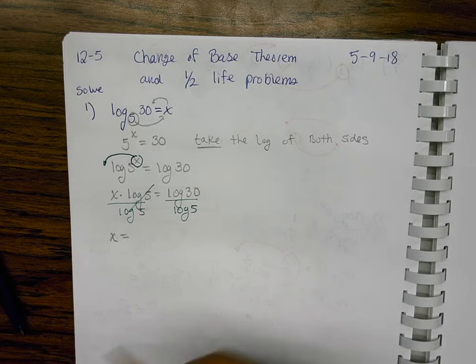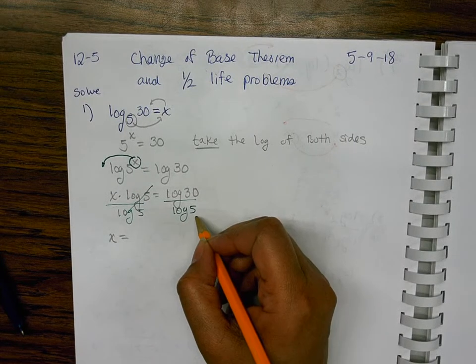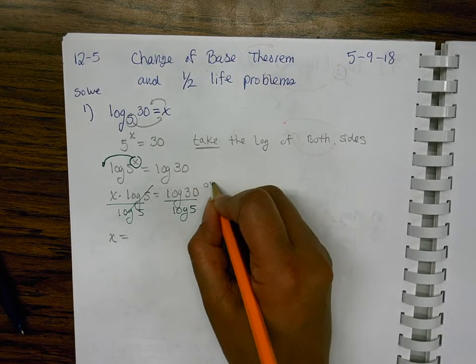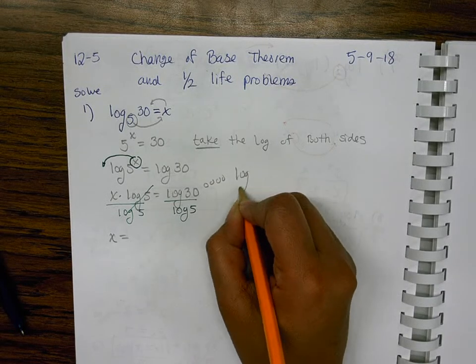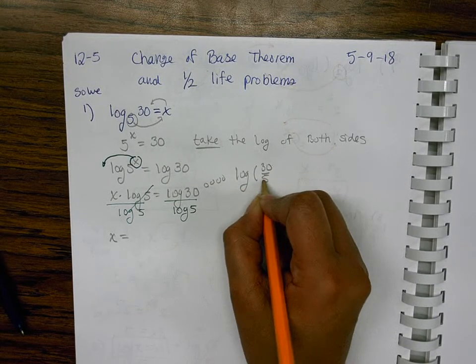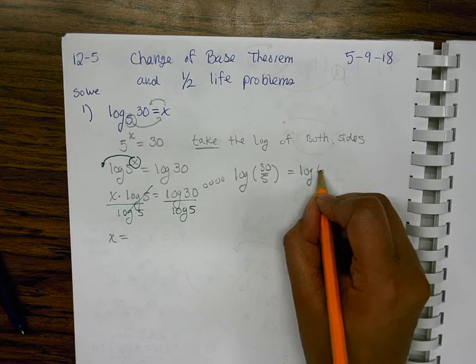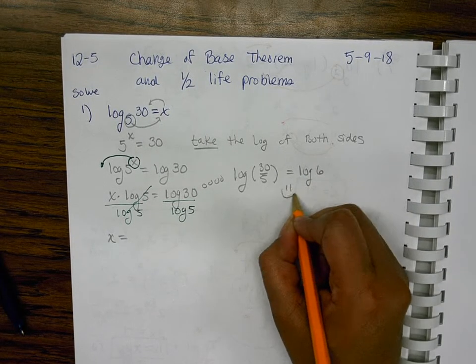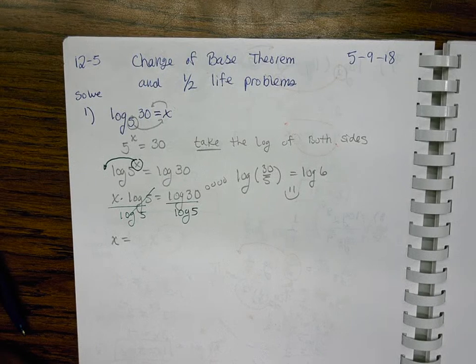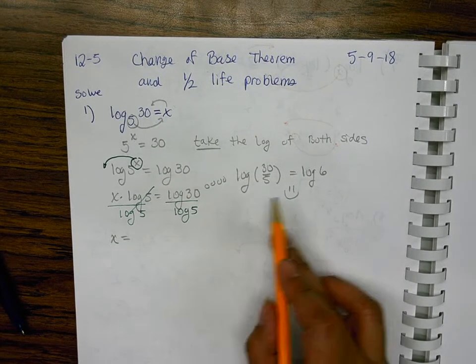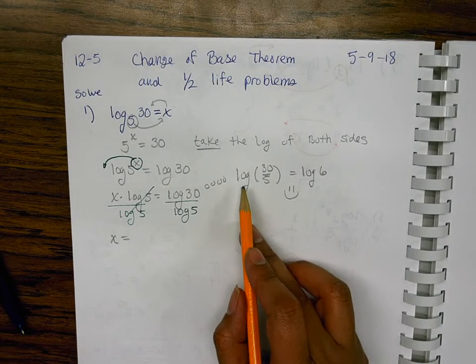If any of you are working ahead of me, do not go too fast, because you cannot reduce the 30 and the 5. Okay, if it was written like this, log of 30 over 5, that you can reduce to log of 6. Okay, everything is hunky-dory, we're good, we're happy.